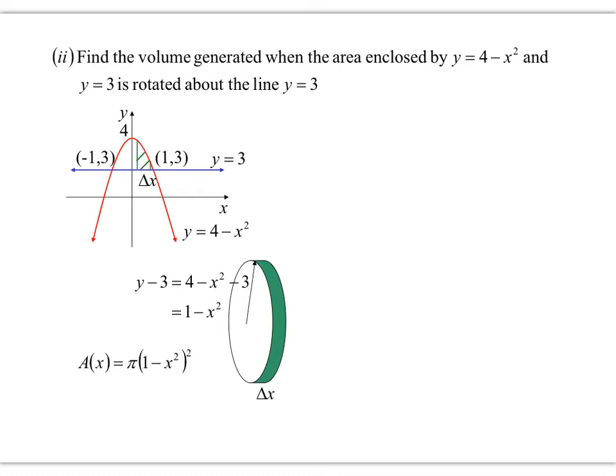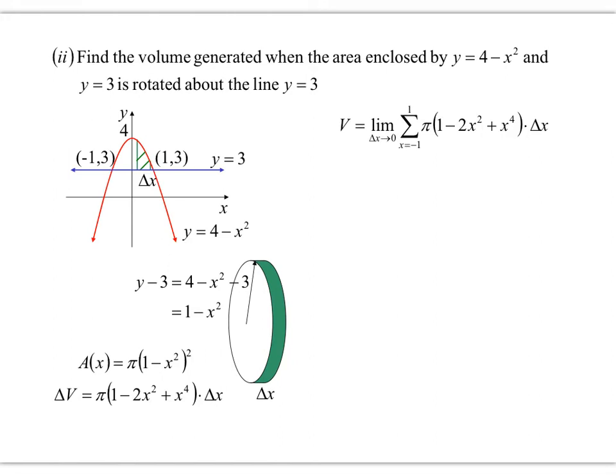So the area is pi r squared, pi times the radius squared, and there's our radius now. The volume of this particular disk is pi r squared h. Remember, the height of that disk is very small, so delta x.